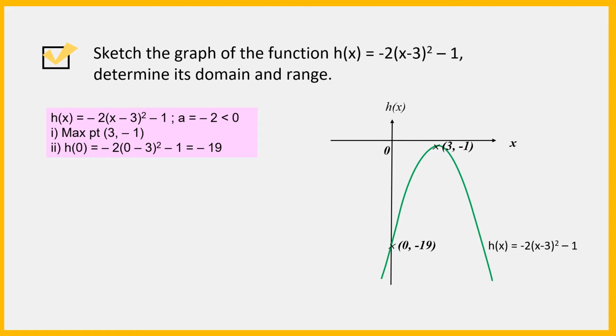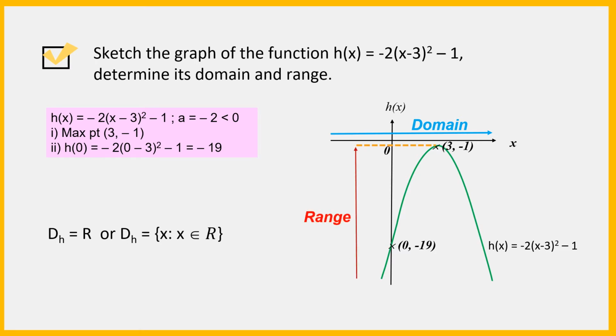Please take note that the graph continues beyond the portion of the graph that we see. The domain and range may be greater than the visible values. Thus, the domain of h is all the values of x in R, written as D_h equals R, or in set form, x such that x belongs to R. And the range is from -infinity to the maximum value of y, which is -1.